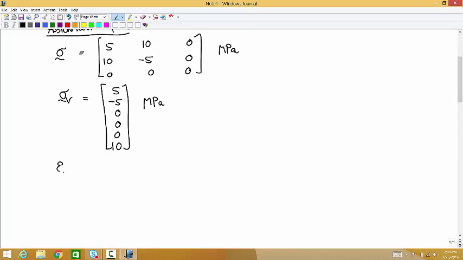So the Voigt strain would be if you multiplied this through the matrix. So think of the matrix as the compliance matrix, this.